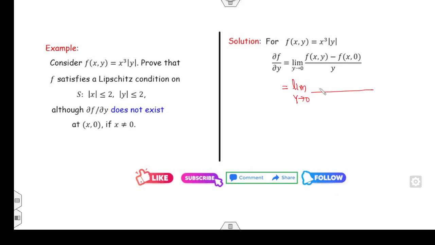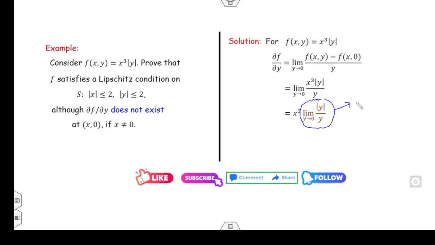What is the value of f of x y? It is x cube mod of y, and when y is equal to 0, f is 0, fine, and take x cube outside, then the expression becomes limit y approaches 0 mod y divided by y. What is the limit of this portion?